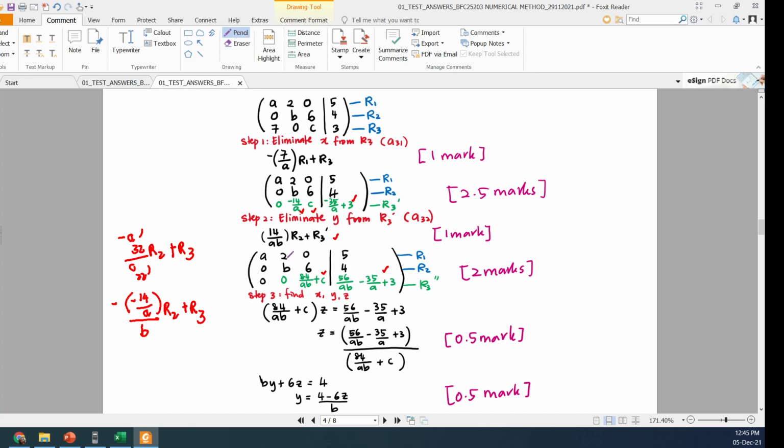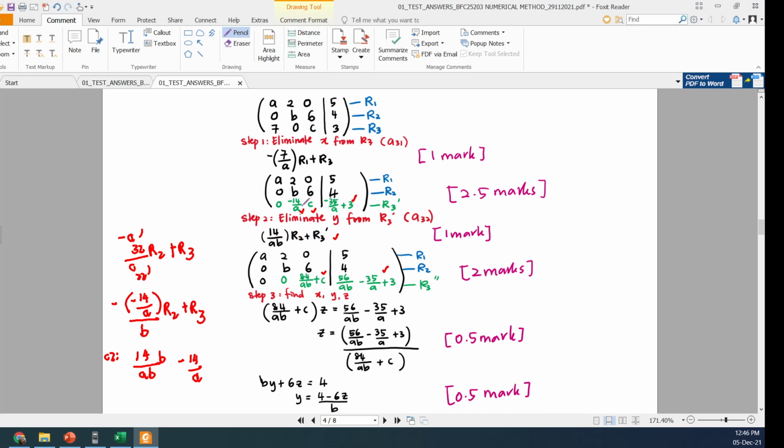And then when you focus on column 2, your row 2 is B. So that's why you have 14 over AB multiply B, plus row 3, minus 14 over A. Here the row operation is 14 over AB multiply row 2 plus row 3 prime.